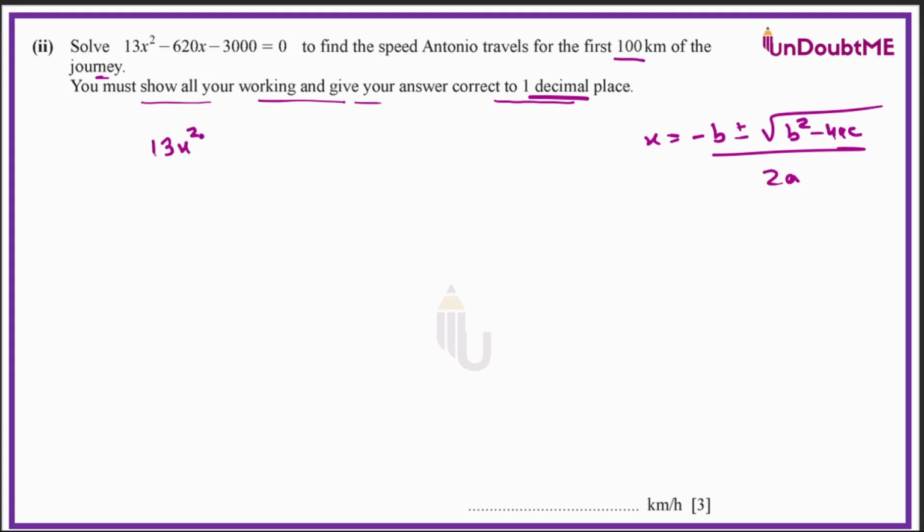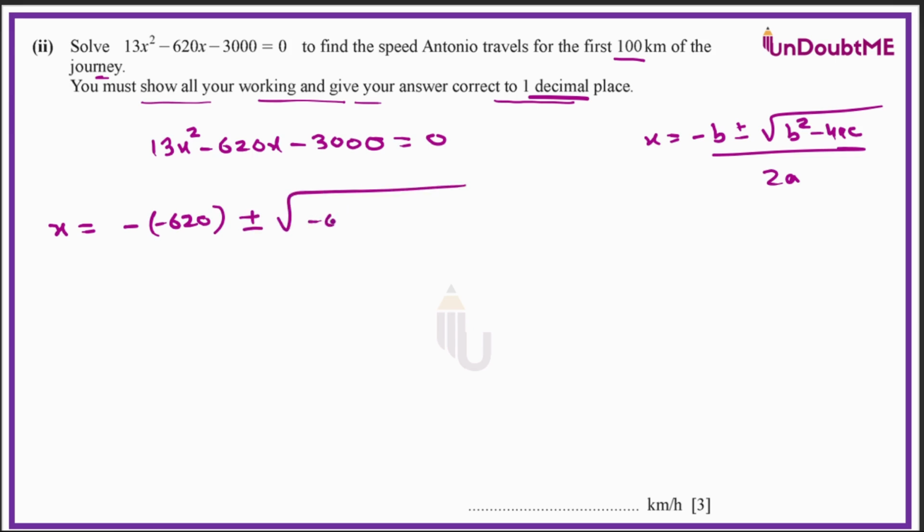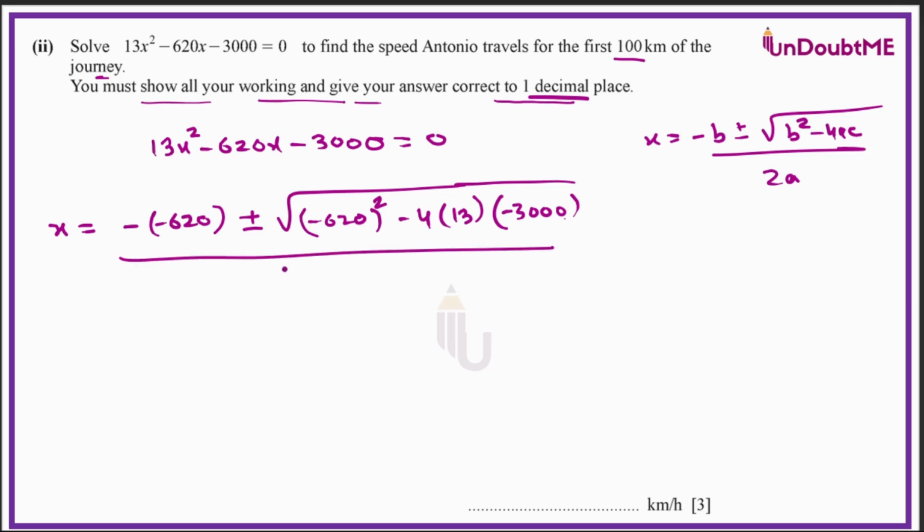So 13x square minus 620x minus 3000 is equal to 0. x is equal to minus b. Now b is already minus 620, so it will become positive. Let me write like this first. Then b square, so minus 620 square minus 4 times 13 times minus 3000. In the denominator we have 2 times 13.